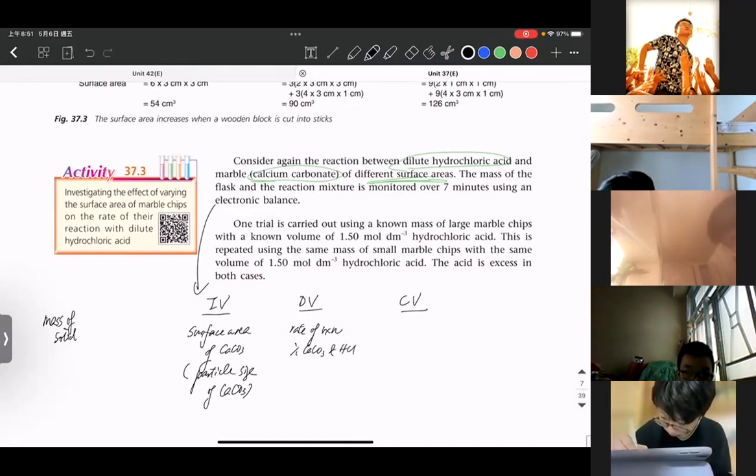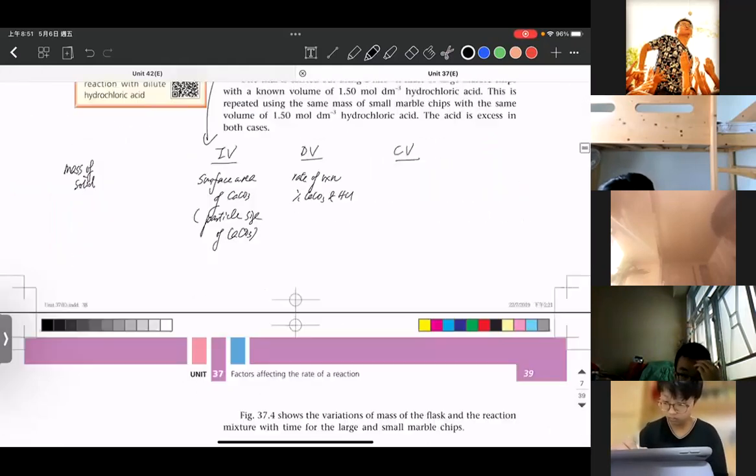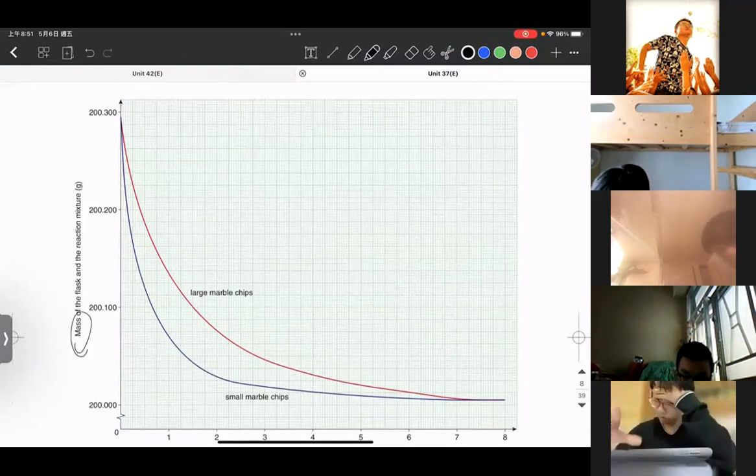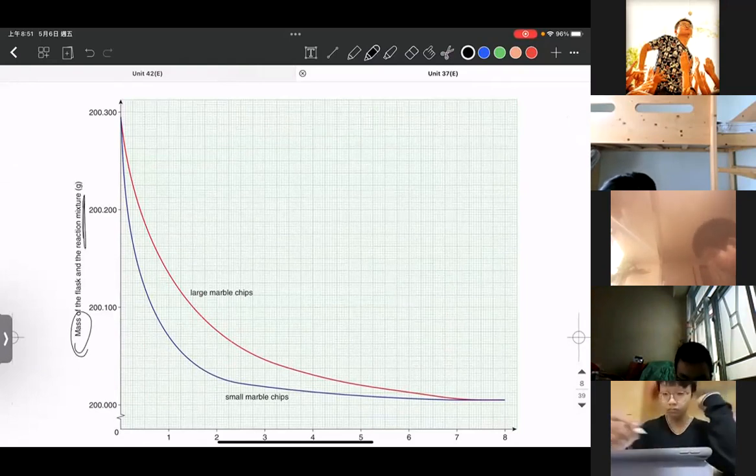Now, of course, for the measurement method, it depends on many of you. Somebody would love to measure the change in volume of the gas produced, right? But according to our example, you may refer to page 39. This one. So what is the measurement method? It is to measure the difference in mass of the reaction mixture over time. Can you see that?